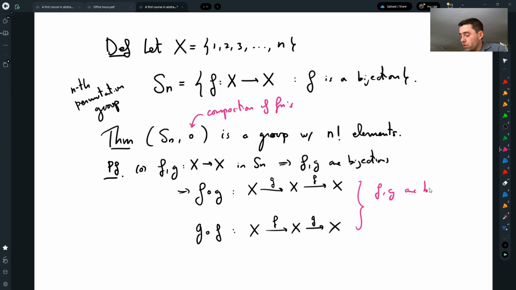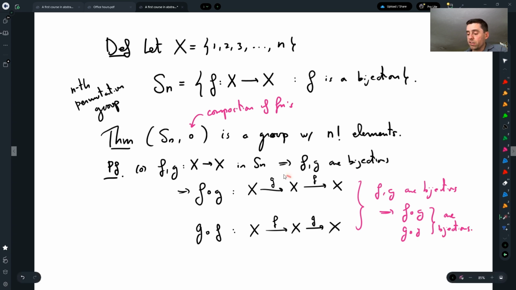First of all, both F and G are bijections, then their compositions, F composed with G and G composed with F, are bijections. That's a property of bijections. You can check that because G is injective and F is injective, this composition will be injective.